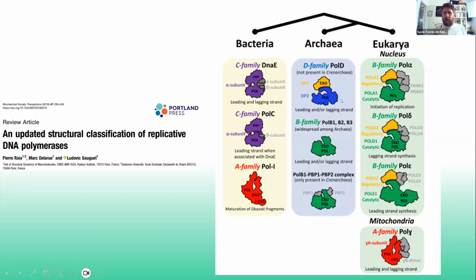In Archaea and in Eukarya, the main DNA polymerase is of the family B. This is very interesting because when you look at the distribution of these different kinds of families of the DNA polymerases, clearly we can see a separation between the archaeal lineage and the bacterial lineage.